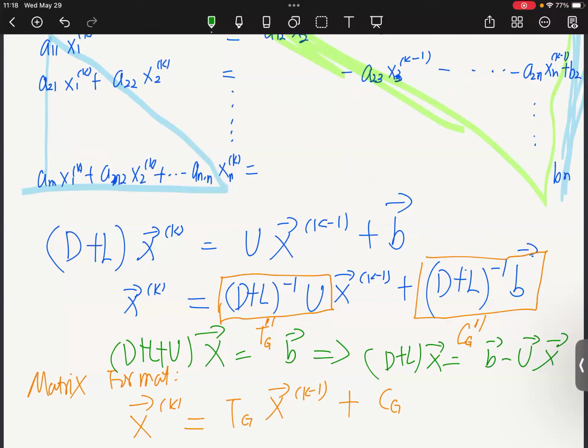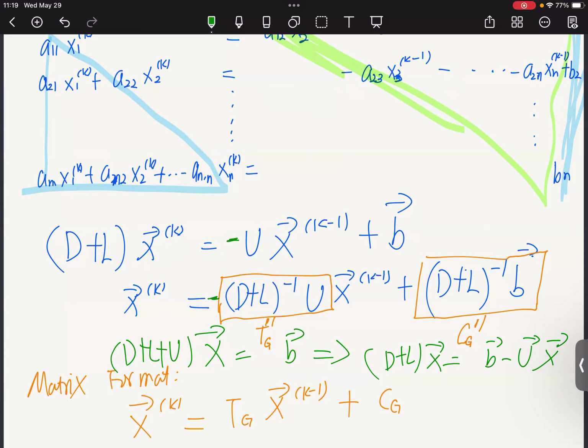Oh, there's a minus sign there. I forgot it. This one should have the minus sign. This is the Gauss-Seidel method. There's a typo here, because on the right-hand side, this green part has the minus sign. I forgot the minus sign here last time.